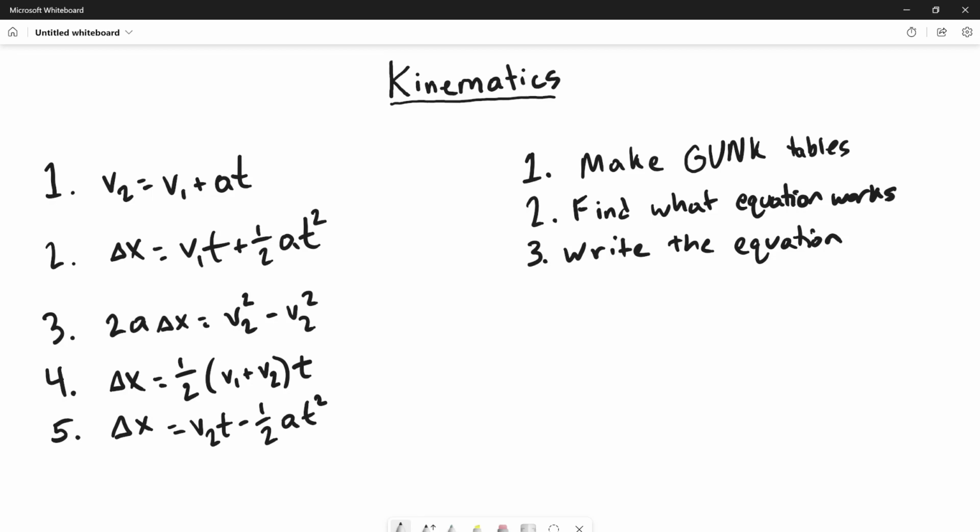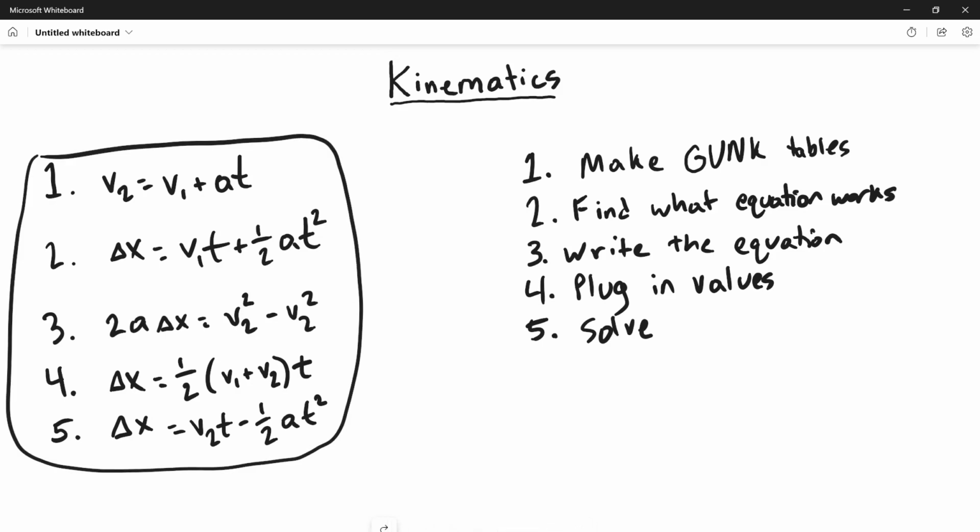But if you're just starting out, you're going to want to write the equation. You're going to make mistakes. It's going to happen. And then number 4, you'll plug in your gunk values, and then just solve it. 5, solve. Pretty simple series of events, and once you get used to this, it's just super quick.